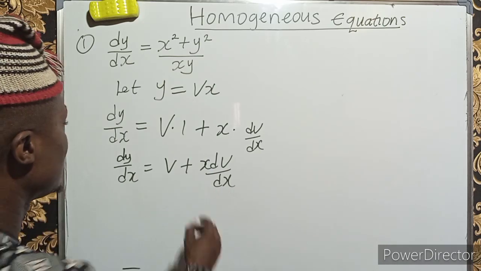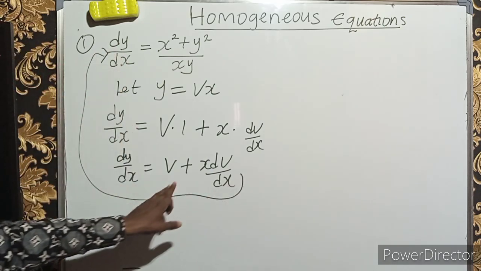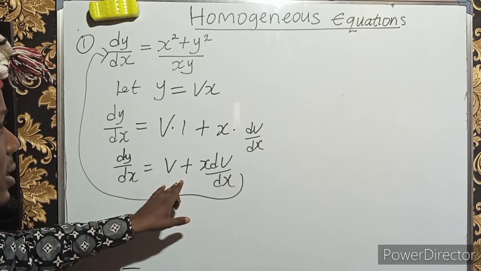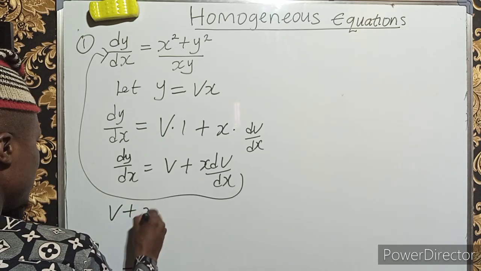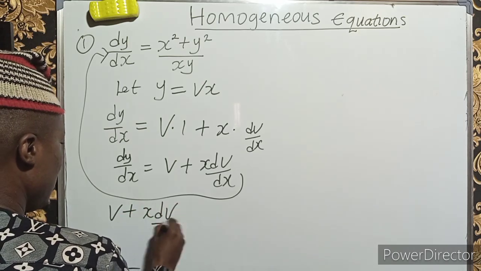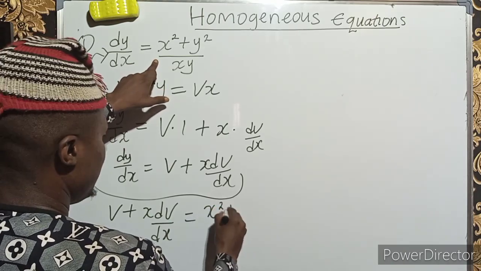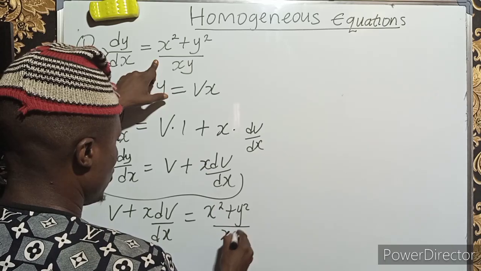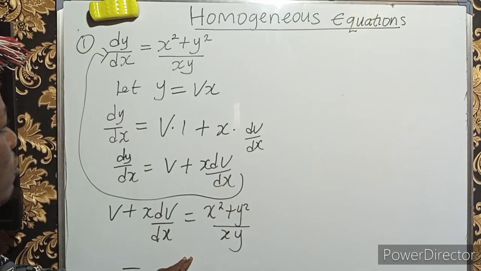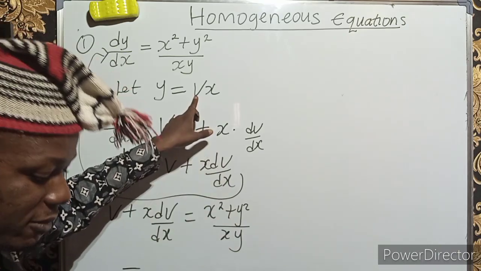I will now use this value here to replace dy dx here, because this is now the value of dy dx. Hence, I can now write that v plus x dv all over dx equals x squared plus y squared all over xy. Now already we've known that y is equal to vx, so anywhere I see y, I will just put in vx.